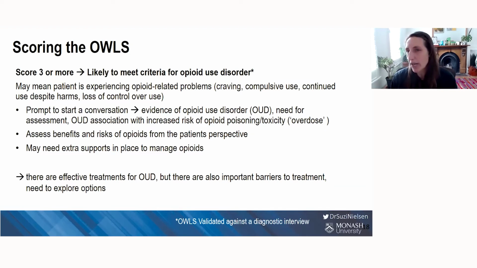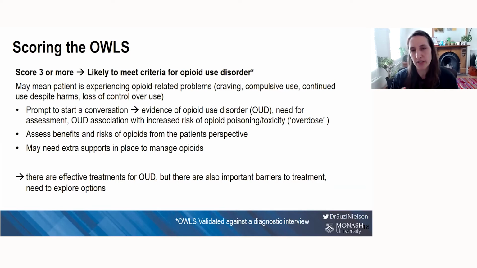And again, if you're in primary care or perhaps not an alcohol and drug treatment setting, work in collaboration with those settings if you'd like extra support for patients who are prescribed opioids for chronic pain to move towards medication-assisted treatment for opioid dependence.